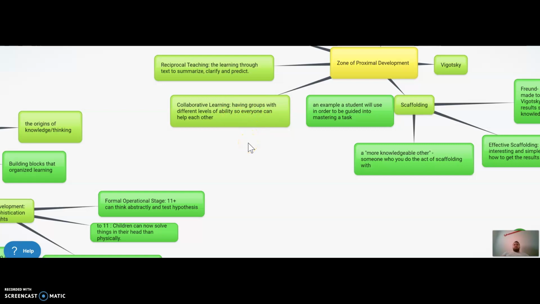So if the higher ability student could help the lower one, it will be a collaborative work, and that will help both of them, one to learn and the other to teach.